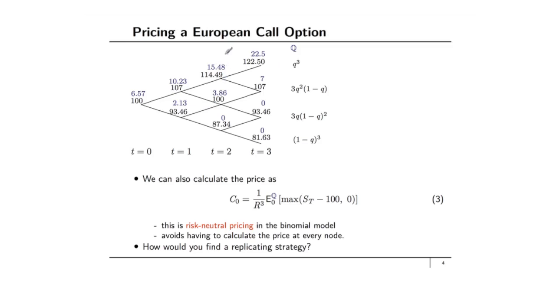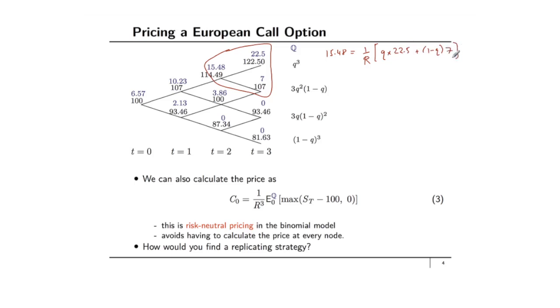For example, let's take a look at this one-period model here. I know that the 15.48 over here is equal to 1 over R times Q times 22.5 plus 1 minus Q times 7.